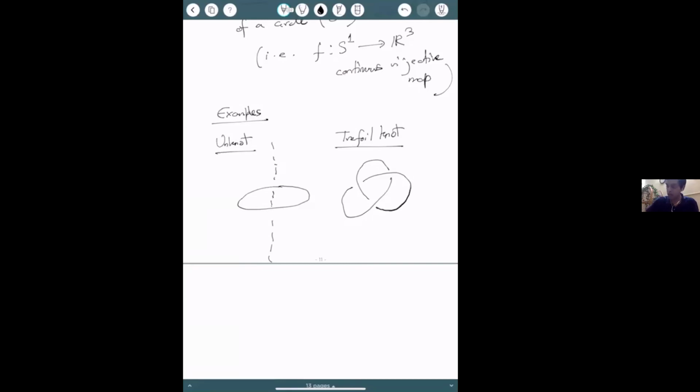So let me do that. I'll put some glue here, and let me just try to show. I'm going to do 3/2 twists. 1/2 twist, and then 2, and then 3.